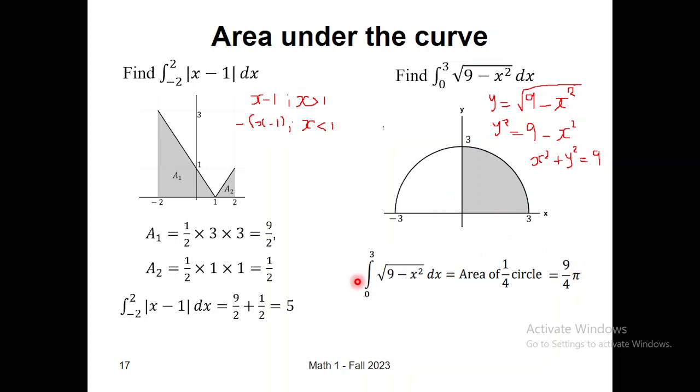So we can simply solve this definite integration problem without using the fundamental theorem of calculus, without going into the problem of finding the antiderivative of this function, by considering this definite integral as an area problem and then using some geometrical rule, in this case the area of a circle, to evaluate it.